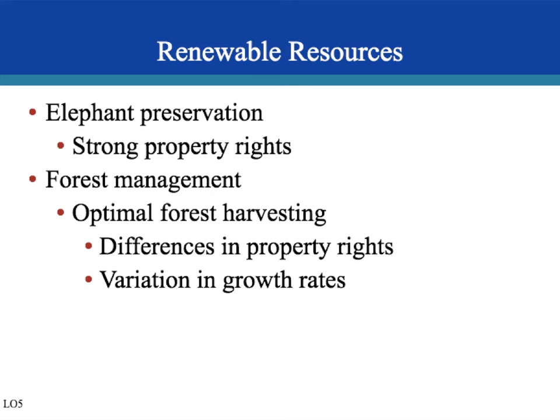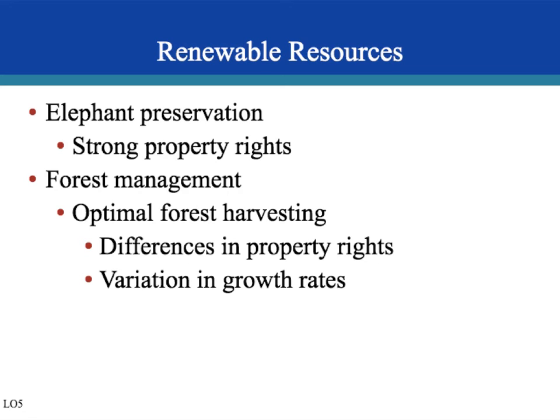And what we also see is that when forests are privately owned or regulated by the government, trees are harvested at their most optimal point, and we'll see this in the next slide. So usually it's anywhere between 50 and 100 years. Usually closer to 100 years is the best time for trees to be chopped down because they have reached their maximum size.